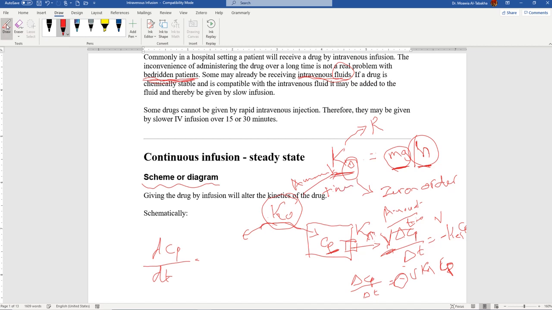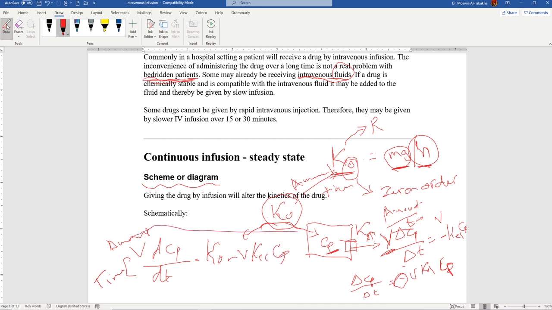We have dCp divided by dt equal to positive input, that is K0, which is also amount per time. Please note that I'm trying to make the units similar. So I will multiply this by V to make it amount per time, equal to K0 positive, which is amount per time, minus the rate of elimination, which is V KEL Cp.